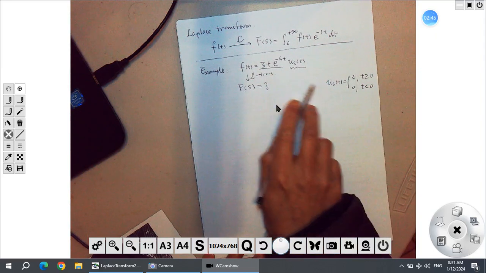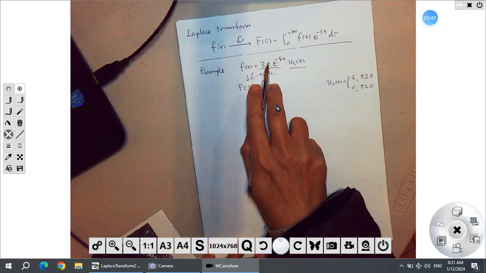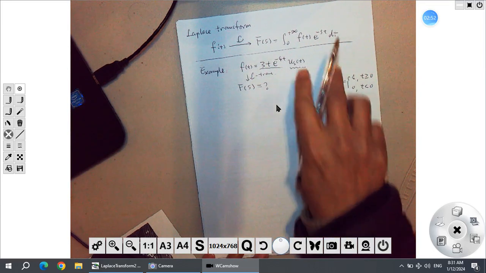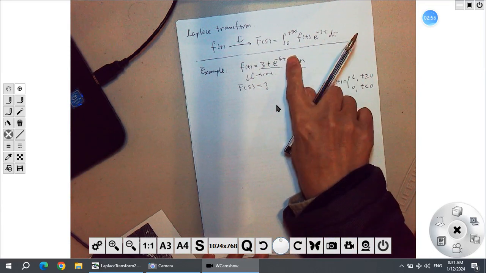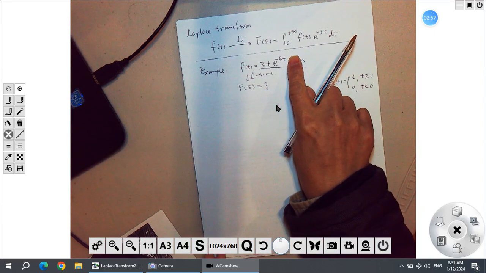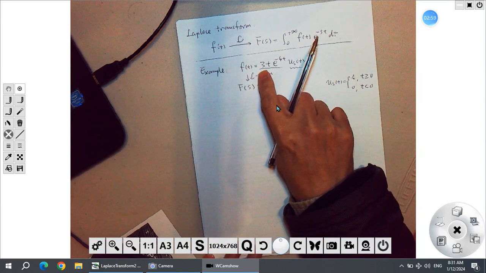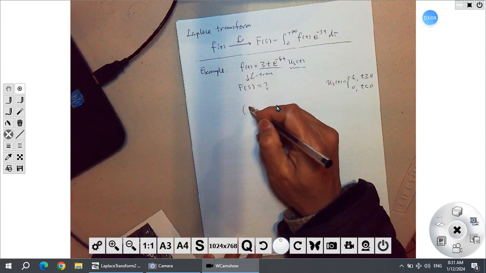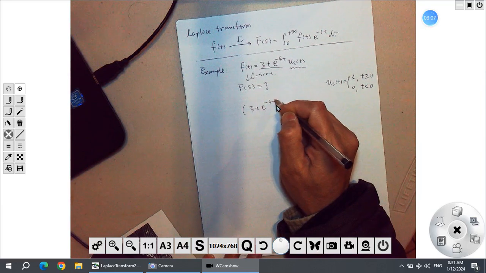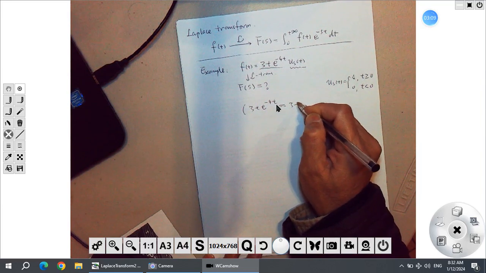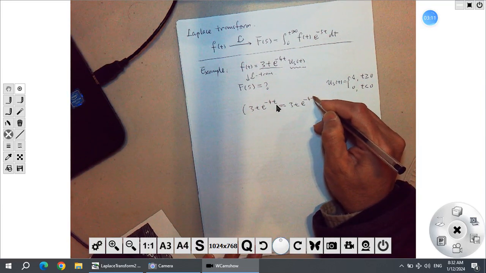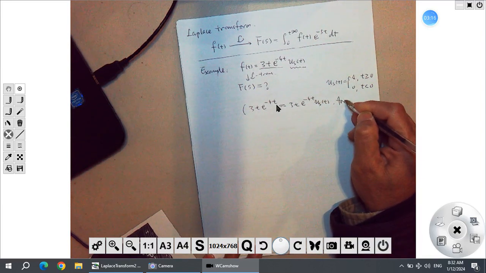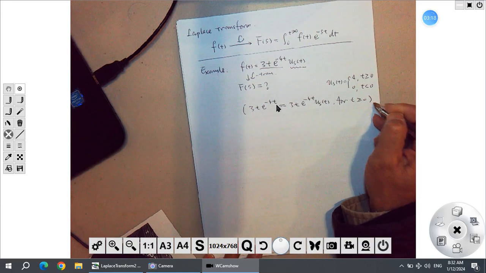So when you multiply u of t on some function, for positive t, this is just 1, so nothing changes. Times 1 changes nothing. So it is just 3t e to the negative 4t. So 3t e to the negative 4t equals 3t e to the negative 4t u of t. They are the same thing for t positive. You should remember this.